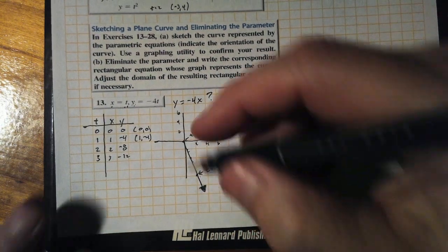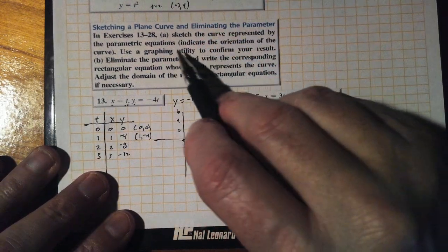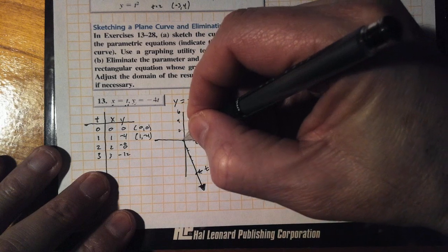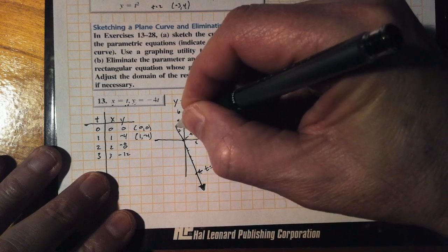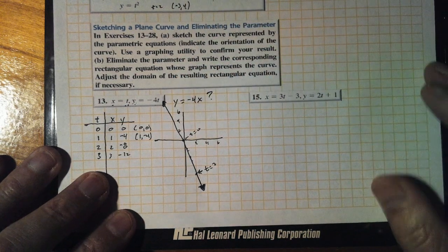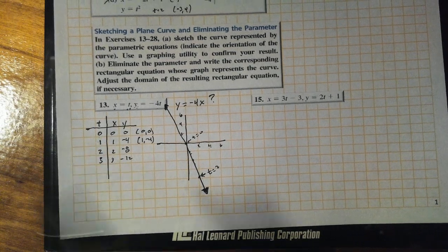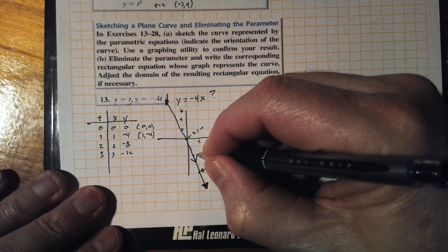And we need orientation. Now, this problem does not say that T has to be positive. Oftentimes in parametric equations they are, so the graph really goes like this forever as well. Orientation means what direction is the graph growing as T is increasing. And as T is increasing, we are going in this direction.